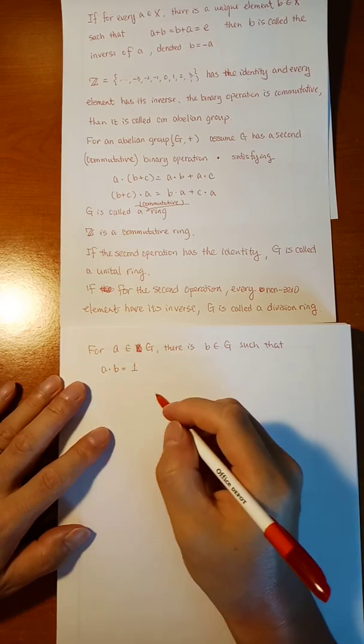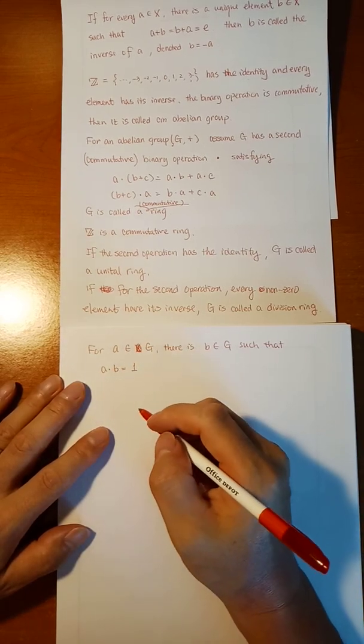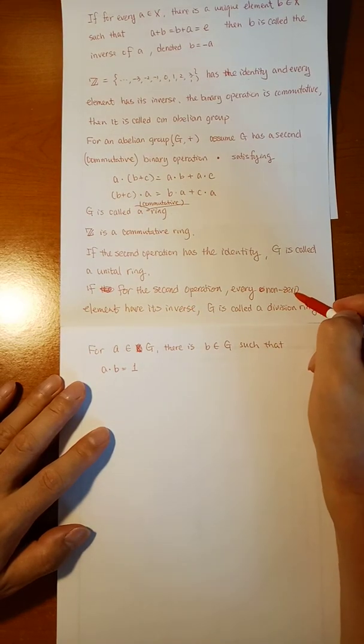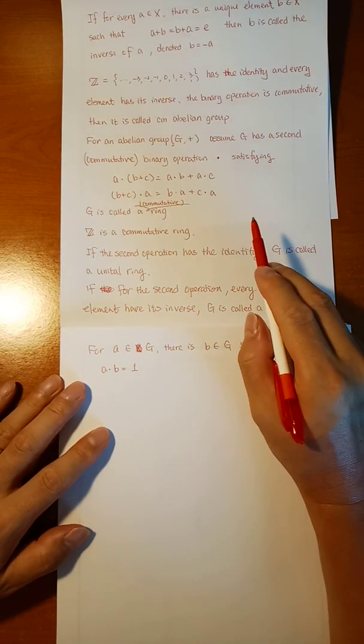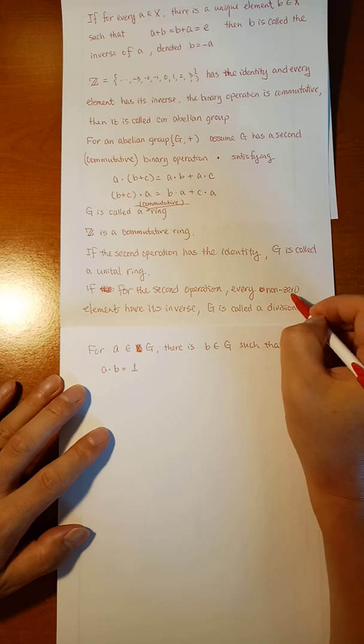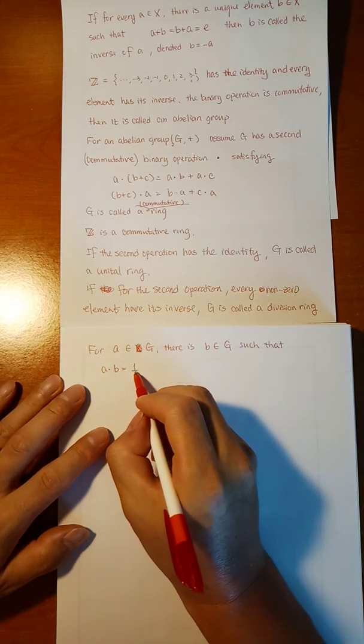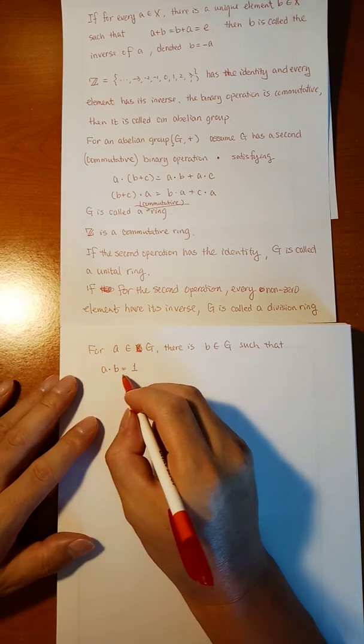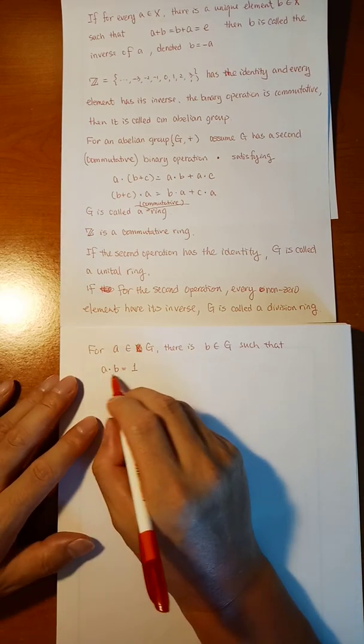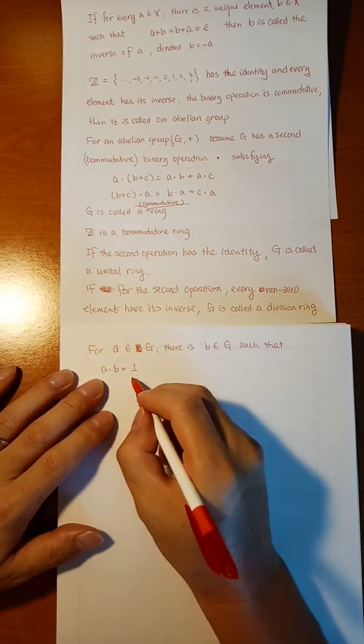This 1 is the unit for the second binary operation. 0 is the unit for the first operation, which is always commutative. This one, I don't know if it's commutative or not. It may or may not be commutative. Okay, so this is the inverse.